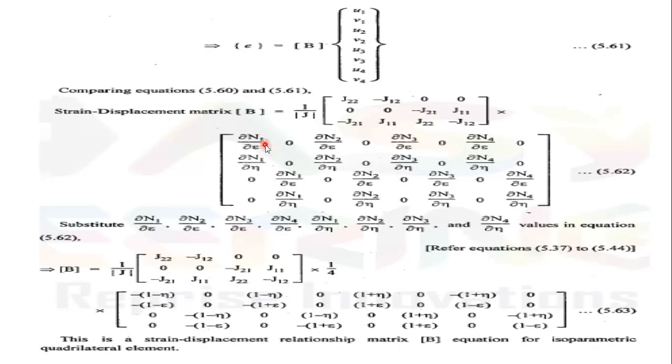But still we require ∂N by ∂x. This value we already derived. We know the shape functions N1, N2, N3, N4. I just differentiate with respect to epsilon and eta. We already got these values from equations 5.37 to 5.44.